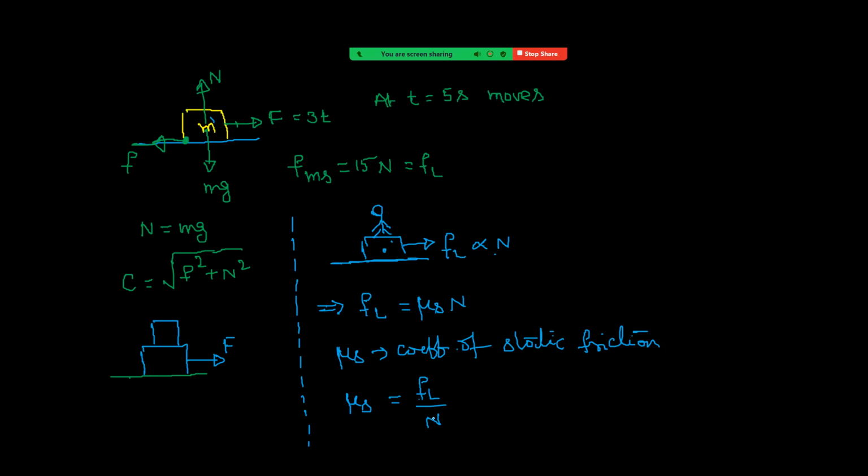But there is a possibility of making a mistake like, when weight is doubled, normal reaction is doubled, so mu s becomes a half. So this is a misconception. We have to keep in mind that when normal reaction is doubled, limiting friction also doubles. So that ratio is a constant.